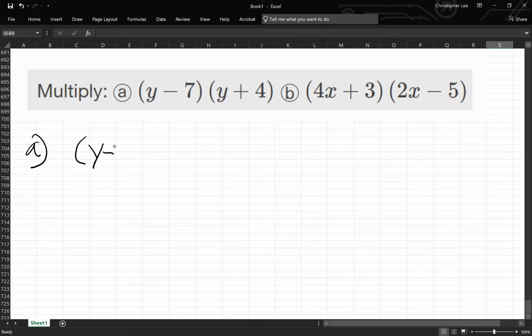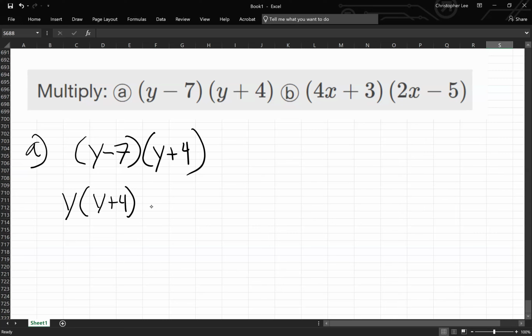This is y minus 7 times y plus 4, right? I'm going to break up the first binomial. So this is going to become what? y times the whole second term, y plus 4, and the minus 7 times again the y plus 4. All you have to do after you get it like this is just distribute this. Bam, bam. Right? Same thing.